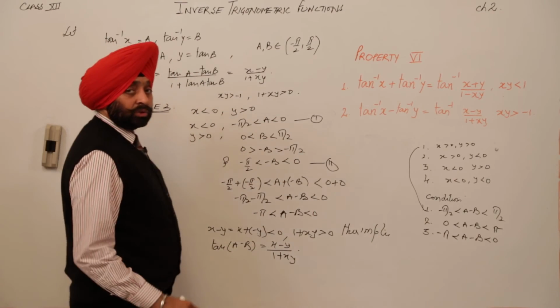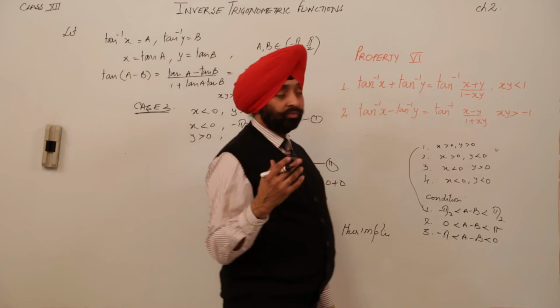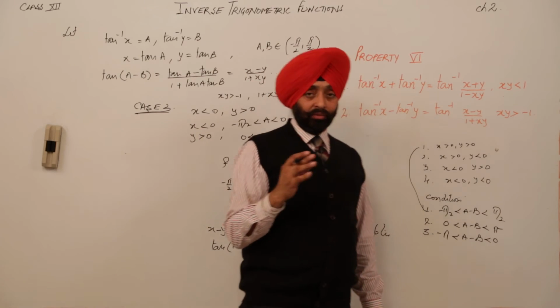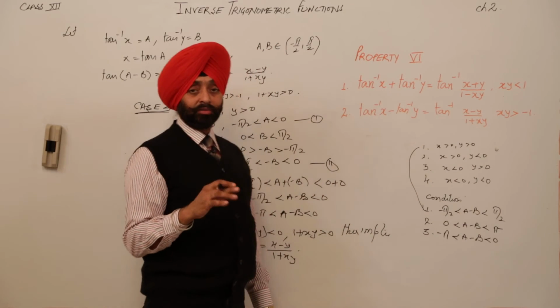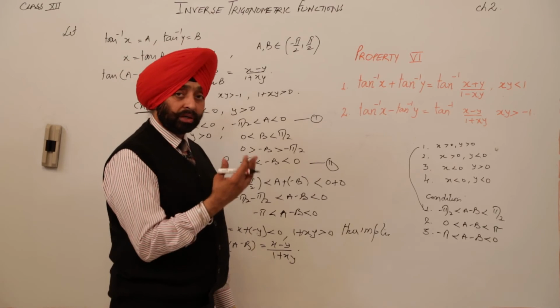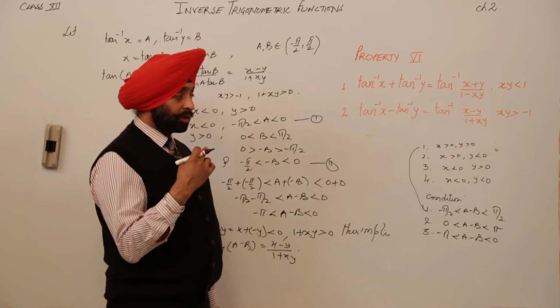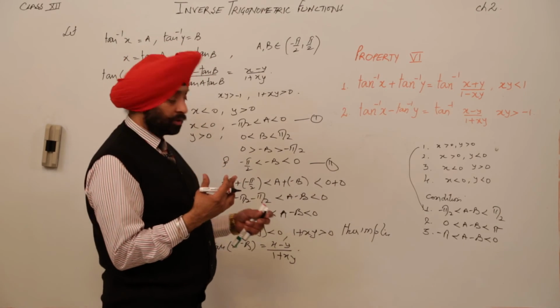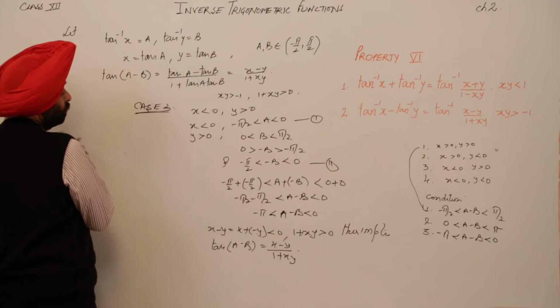So why are we proving this thing? We never got a question in the board exams to prove this, but sometimes we think there can be a question like this, so you should know how to prove it.